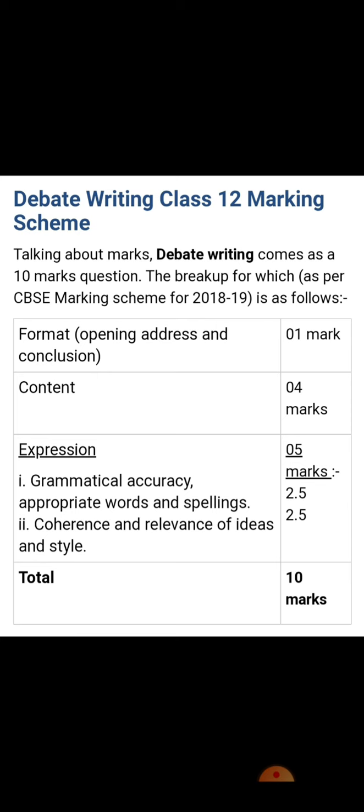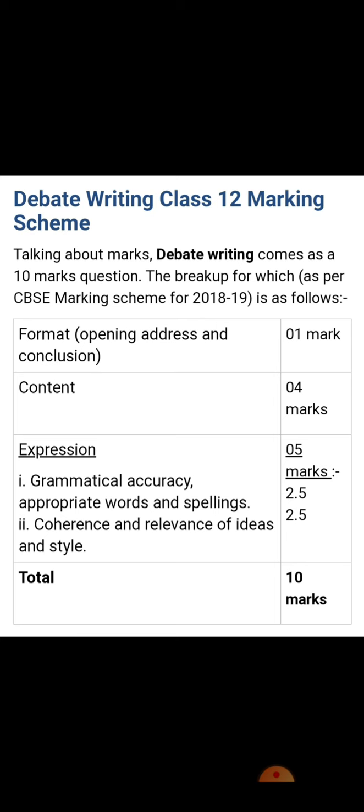So children, I'm telling you the debate writing marking scheme here. Debate writing comes as a 10 marks or a long answer type question. And this is the breakup. For format, that is your opening address and conclusion, you get 1 mark. For content, you get 4 marks.